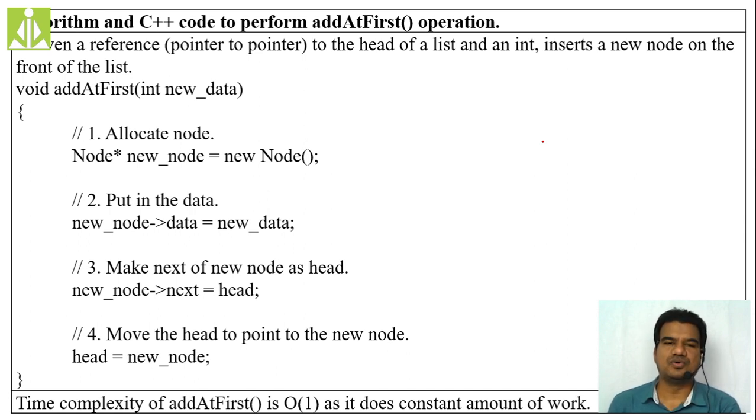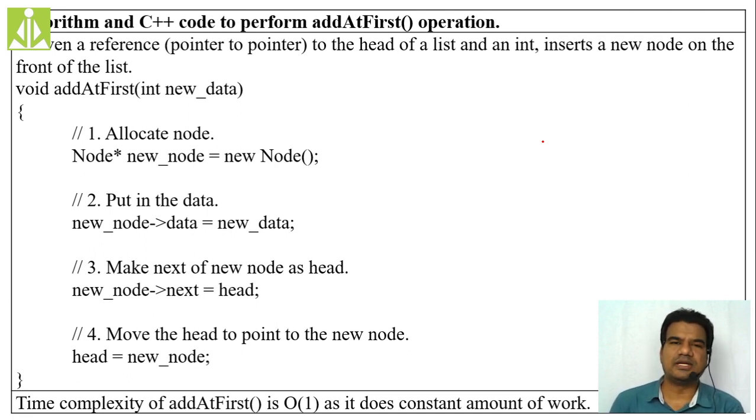I have shown you with the help of program implementation as well. We added this same add first function in our singly linked list code, and we added new nodes at the front of your singly linked list, that we have seen practically as well.